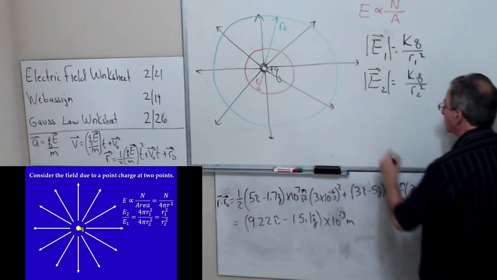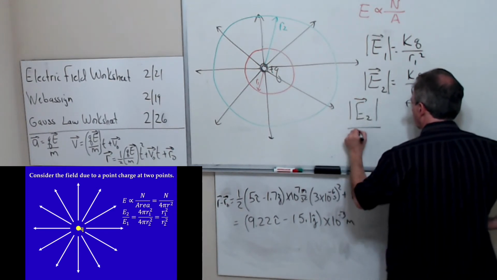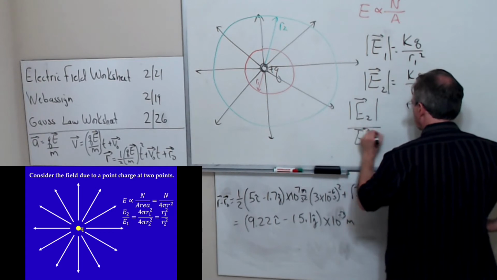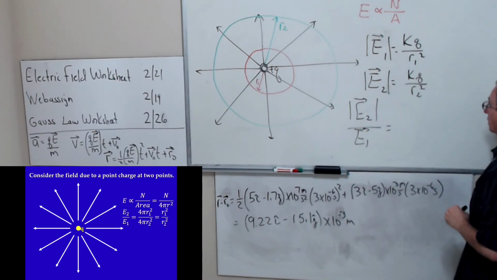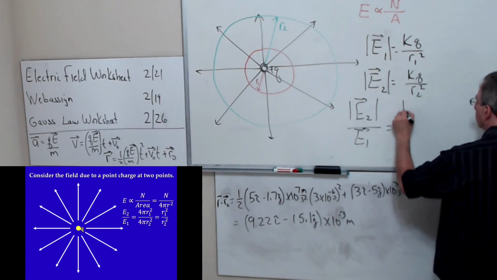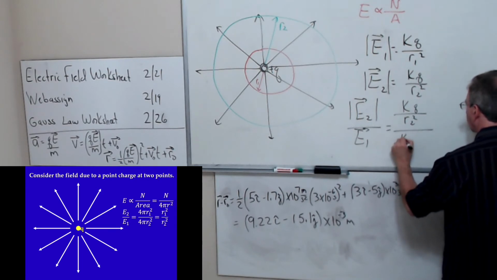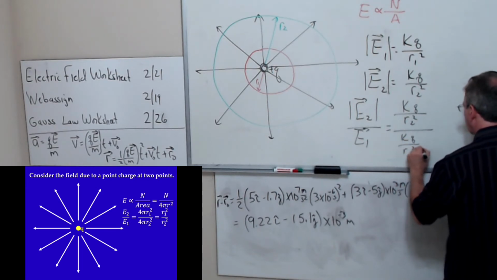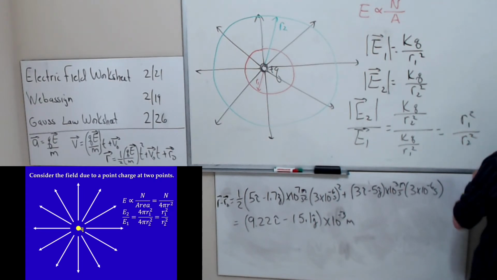So what I want to do is take the ratio of E2 over E1. What do I get if I take this divided by that? Well, I end up getting R1 squared over R2 squared.